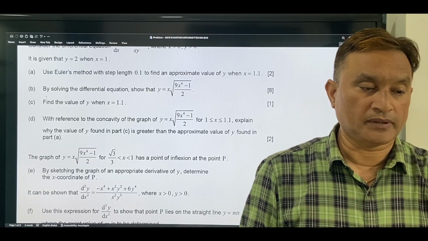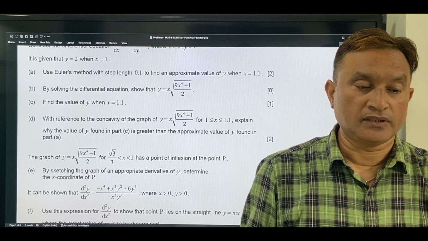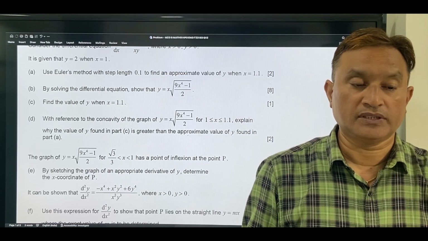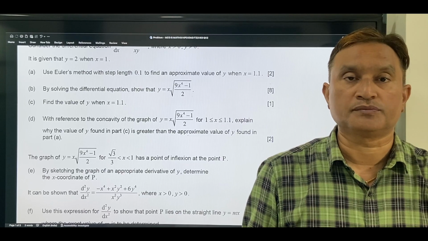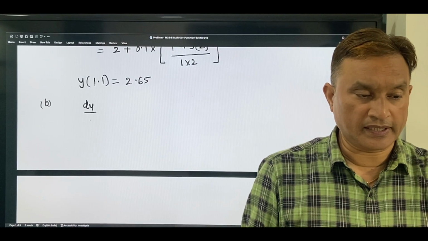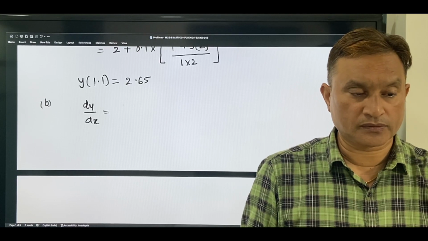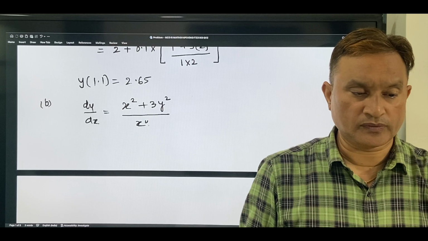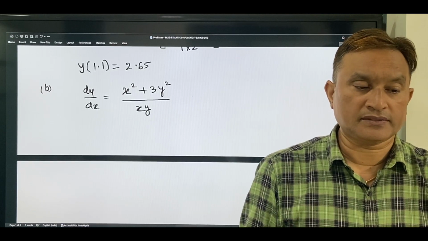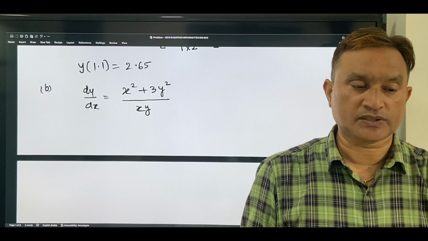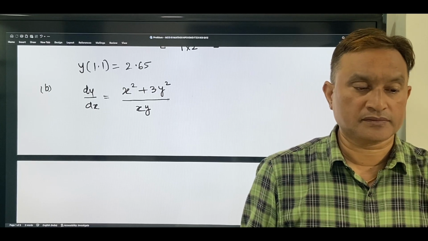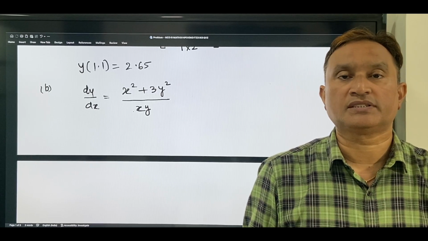In B part, by solving the differential equation, show that y equals x times root (9x power 4 minus 1) upon 2. So dy by dx equals (x square plus 3y square) upon x into y. Now since here this is x square, y square, and here also we have the power 2, hence the equation is known as a homogeneous equation.